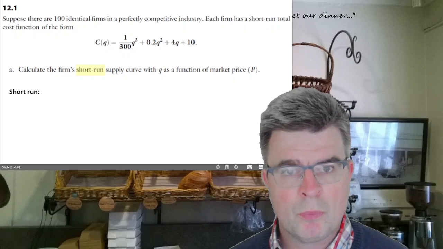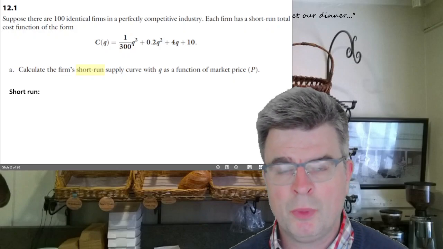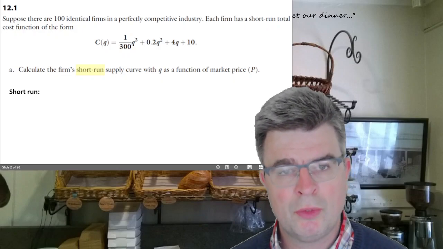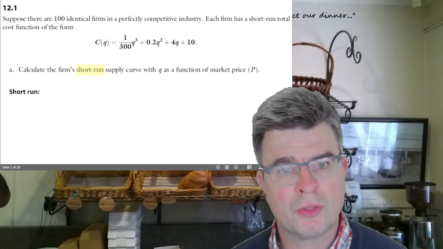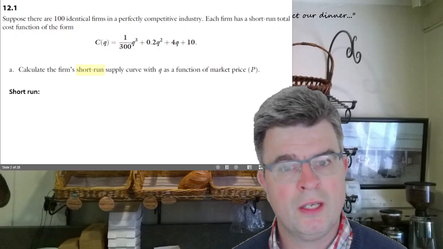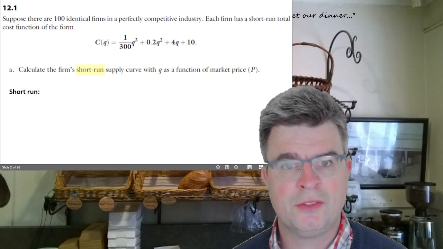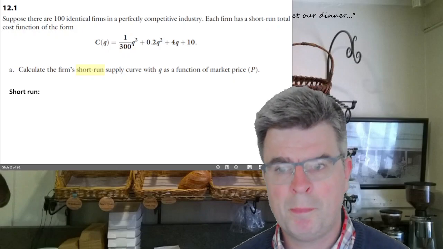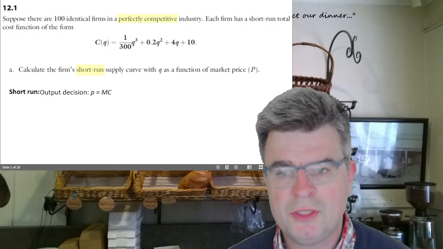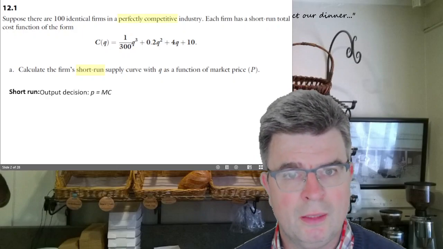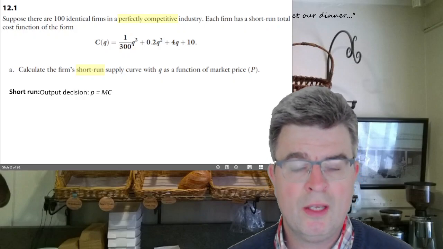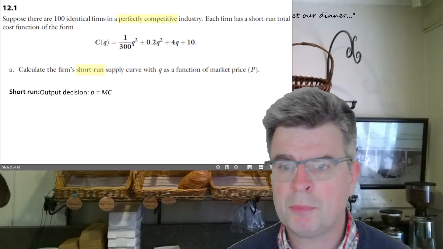So what each of these firms will do independently of each other is it will set a quantity such that the marginal cost of production equals the marginal revenue, and the marginal revenue, given that the firm is a price taker, is identical to the market price P. So each firm solves the output decision, which answers the question, okay, if the firm is active, if it produces, how much will it produce?